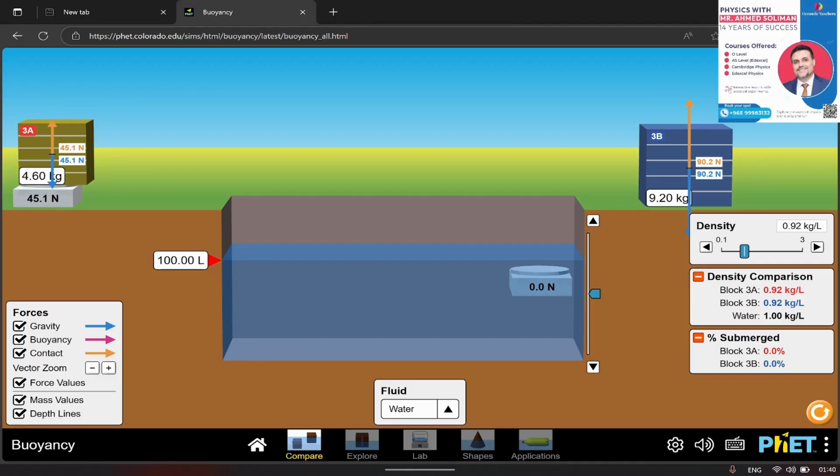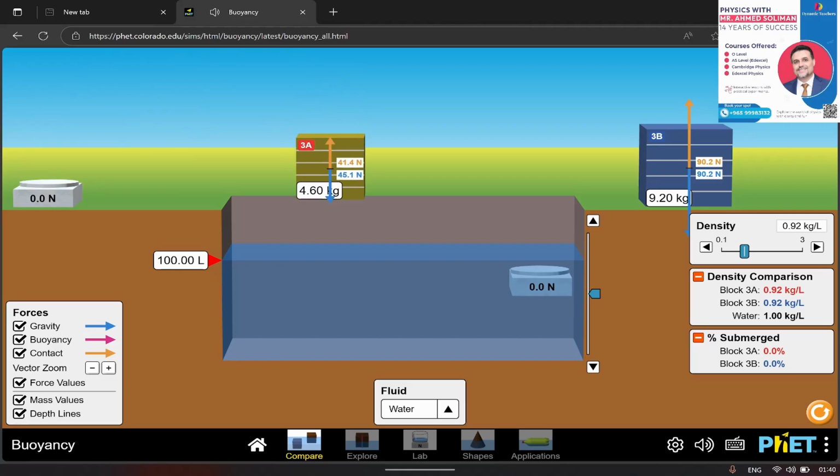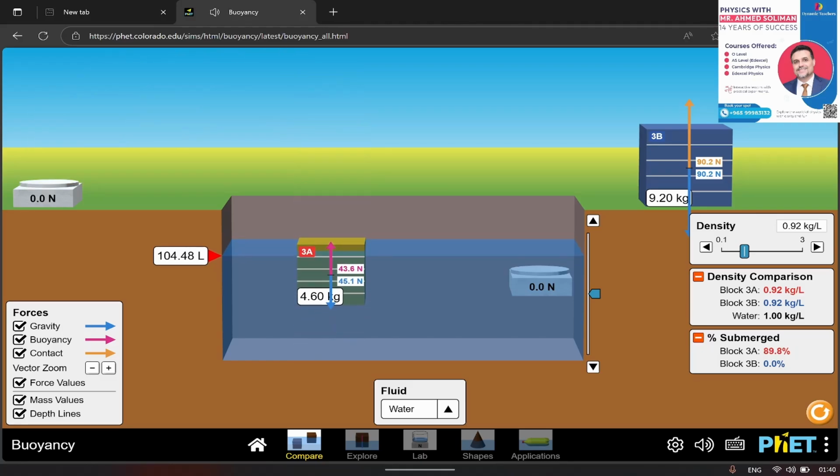So as you see, the weight of the object is 45.1 newtons in air. What happens when we place it in a liquid? Now, as you see on the right side, the density of the object is 0.92. So the density of the object is less than the density of water, and you have to know the density of water. It equals 1, and I said the fluid here is water.